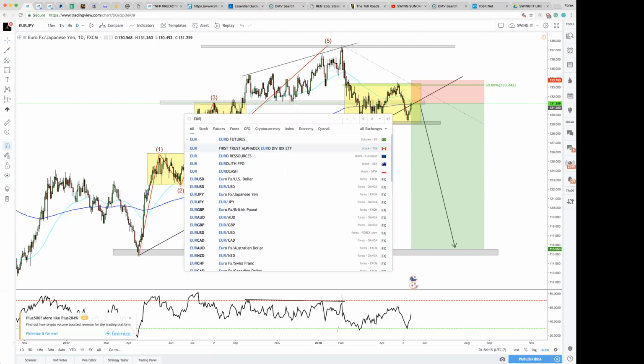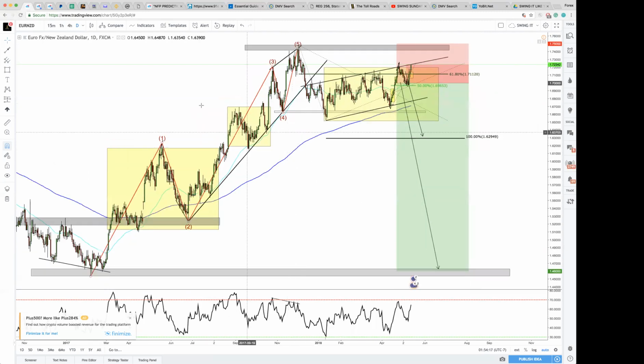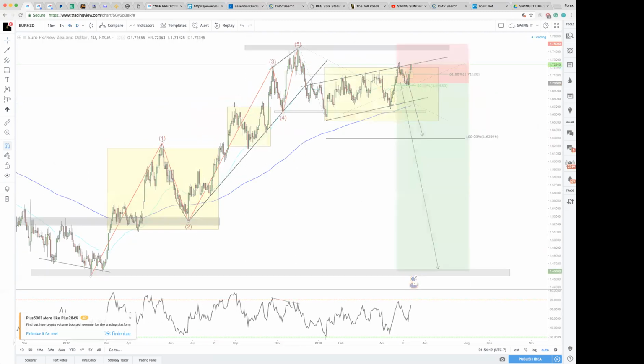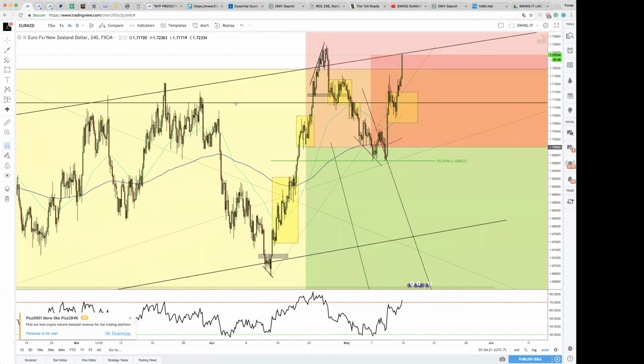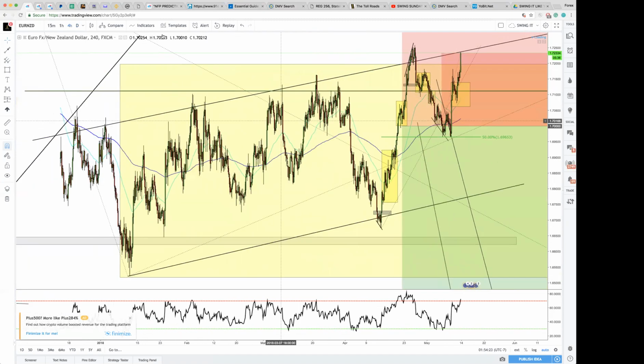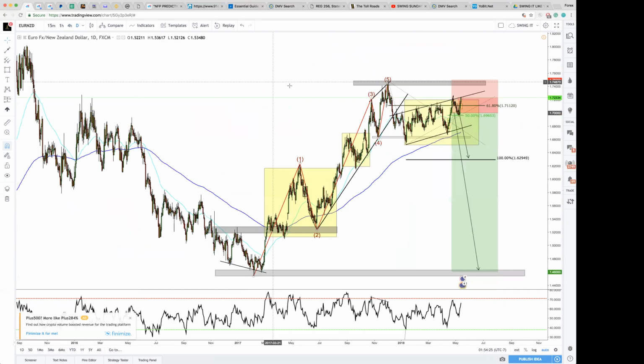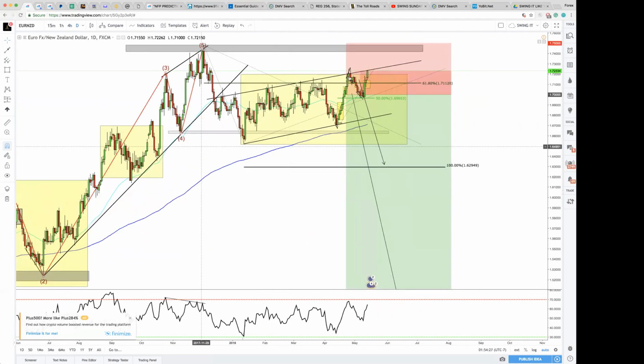Now we'll be looking for Euro NZD. All right, Euro NZD is going back at the trend line. So we should see some rejections from that point. So it's just gonna be probably a lot of patience and see how it really plays out.